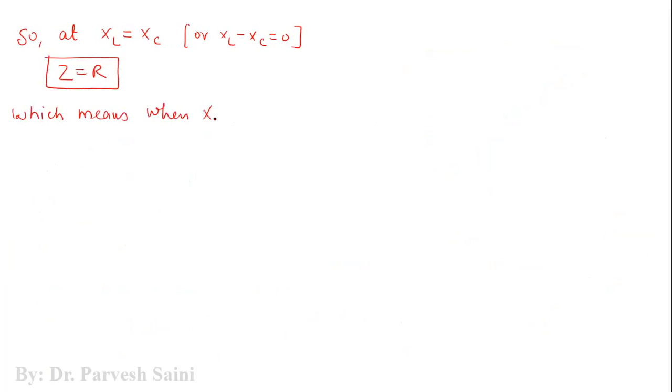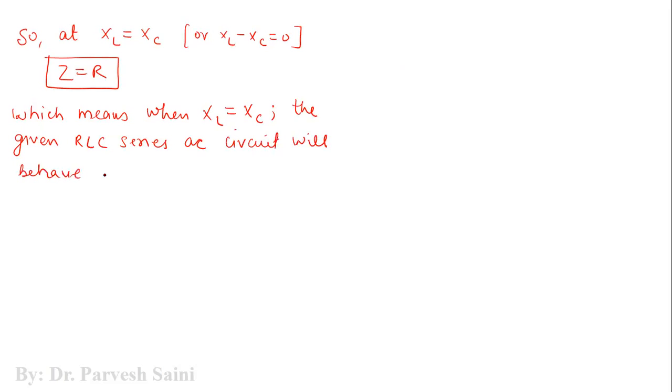when XL is equal to XC, the given RLC series AC circuit will behave as a pure resistive circuit.